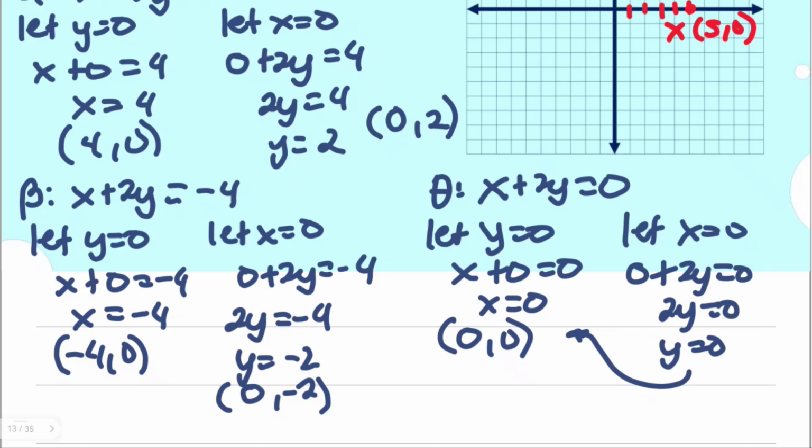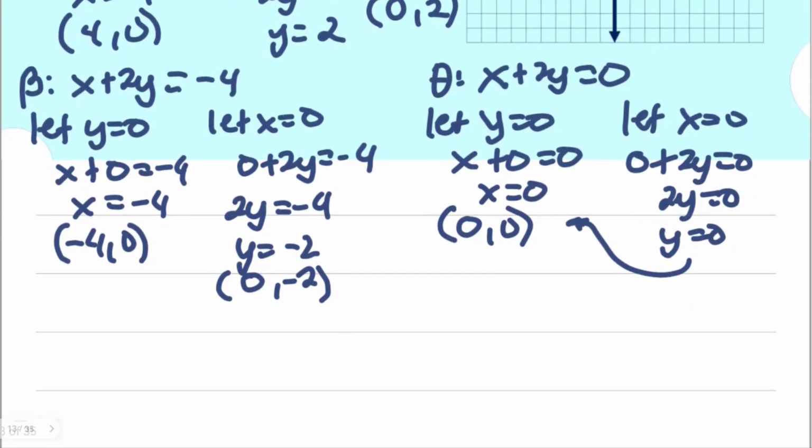But since we need 2 points to draw a line, allow me to choose another value, such as x equal to 1, so that we could have another point on this line, because we just need at least 2 points to determine a line. Okay, you may use 1, but I was thinking of using an even number because we have an even coefficient.